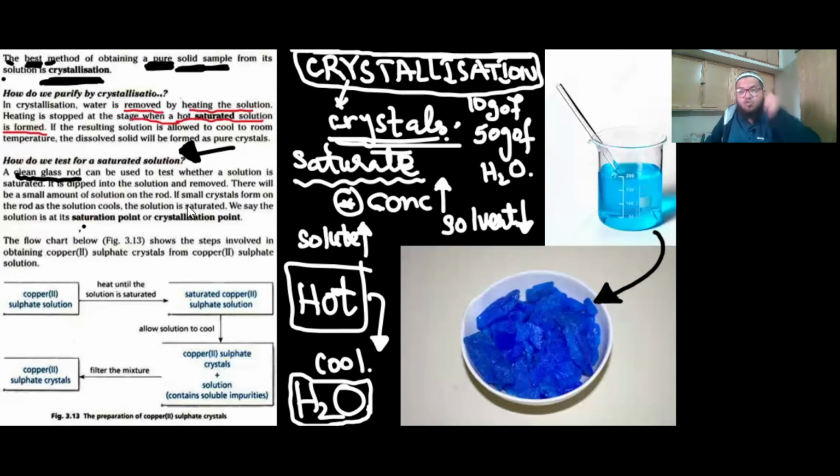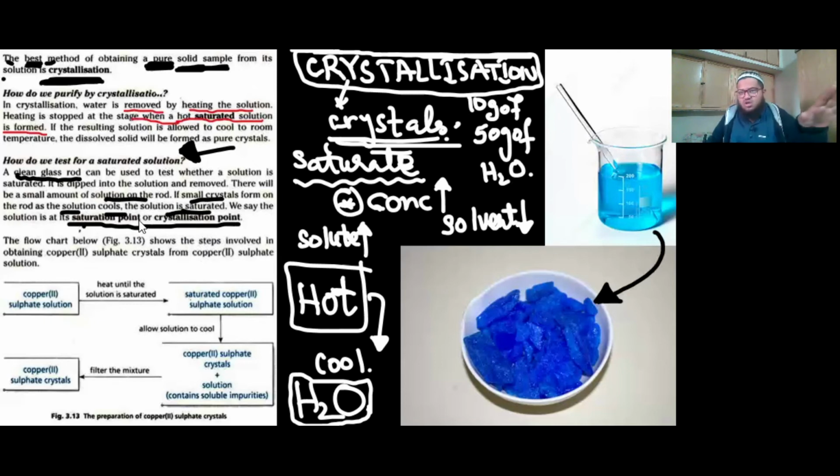That proves your solution has become saturated. We say that the solution is at the saturation point or the crystallization point. Clear? This is just one way of testing whether a solution is saturated. But guys, when you heat a solution and more than 70 to 80% of it evaporates out, then definitely that solution is saturated.